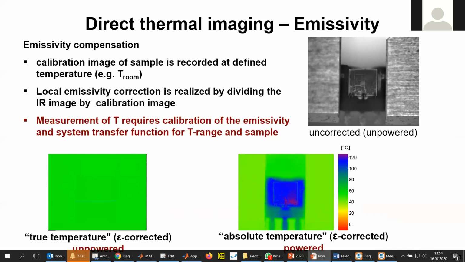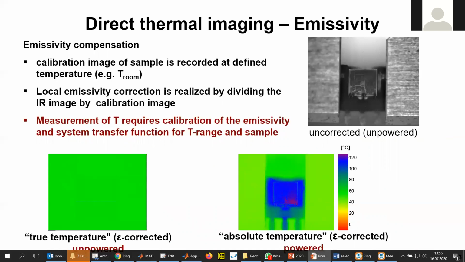And if we now turn on the sample, if we power it, then we will see a contrast, which is shown on the right-hand side here. That contrast arises from an increase in temperature due to the operation of the sample. That would be a rather simple way of compensating the emissivity.